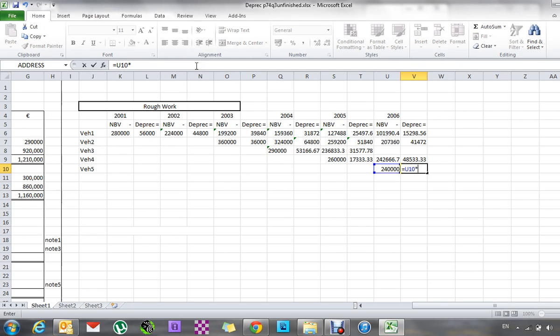Now 20% is a full year's depreciation, but I only had it for 3 months. Okay, so 1200 is the depreciation.